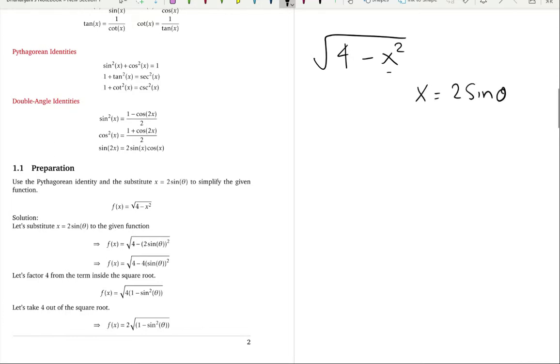In place of x inside the square root, I want to substitute x is equal to 2 sine theta. At the end of the day, I want to get rid of this square root. I want to simplify this term as much as possible and get a very simple function out of it. So let's see how to do it.